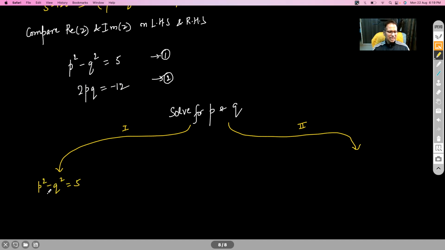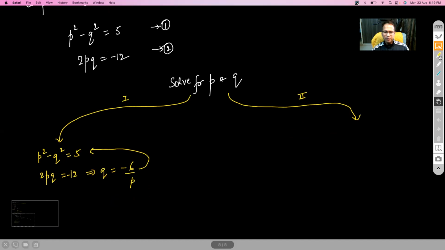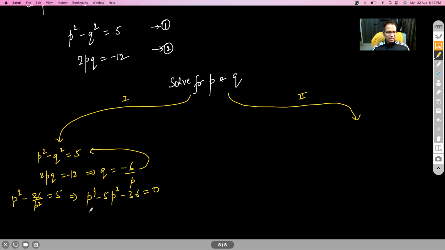From the second expression, 2pq equal to minus 12, you can write your q as minus 6 by p, and put this in the first expression. If you put it in, you get p square minus q square, where q square will be 36 by p square, equal to 5. That is to say, p to the power 4 minus 5p square minus 36 equal to 0. And if you just factorize this, this will be broken as 9p square plus 4p square.